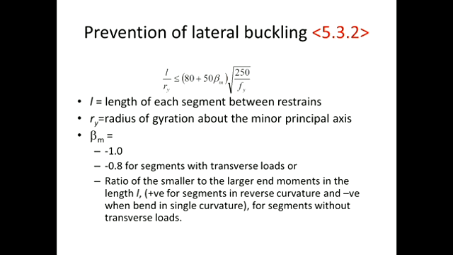But if we have segments without transverse loads, then we can get this value of beta m by looking at the ratio of the smaller to the larger end moments, and then depending on whether within the segment you have reverse curvature, then you can take your value as being positive, or if you have single curvature within the segment, so either this or that, then your value of beta m would be negative.